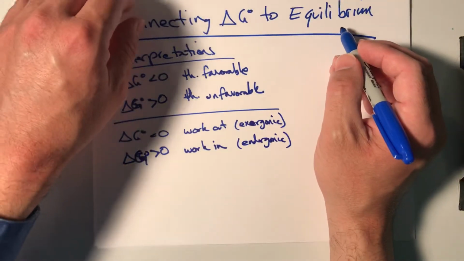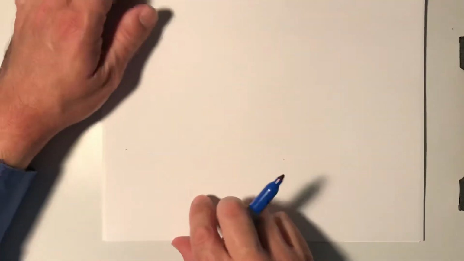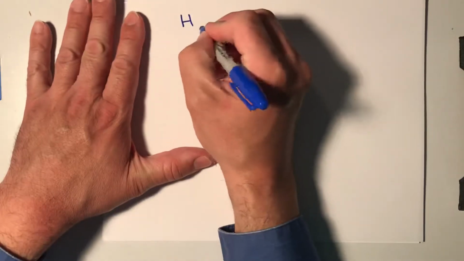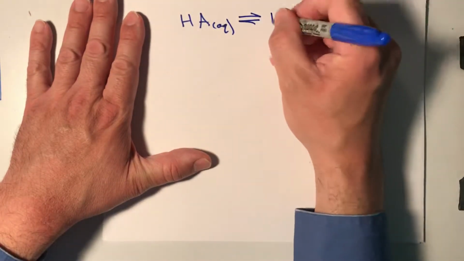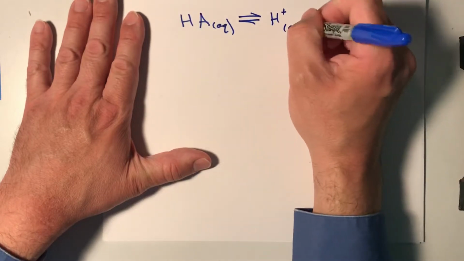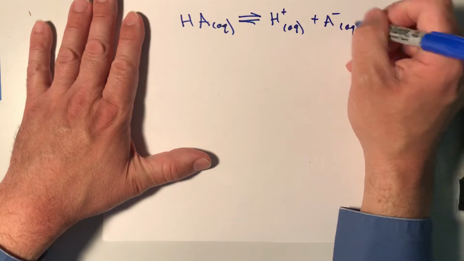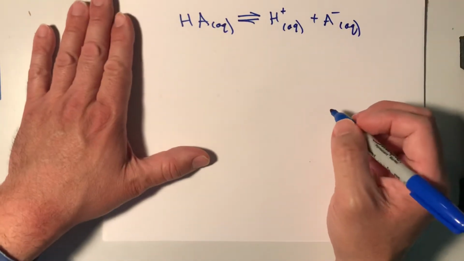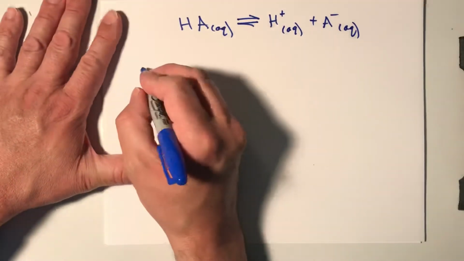Well, the best way to do that is to look at a diagram of a reaction. Let's take a generic acid dissociating, which we'll call HA. And A could be acetate, it could be nitrite, any weak acid. We're going to think about two very different situations for this acid.